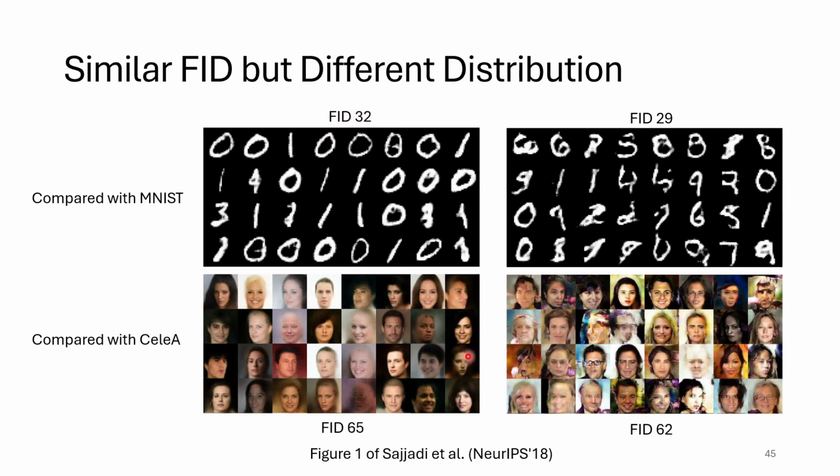The other two sets of images are also generated, and their FID value is 65 compared with the original CelebA data set. But their FID values are similar. Do you think their quality or distribution are as similar as the original and mixed data set? That's the limitation of FID, and they propose precision and recall to address the problem.